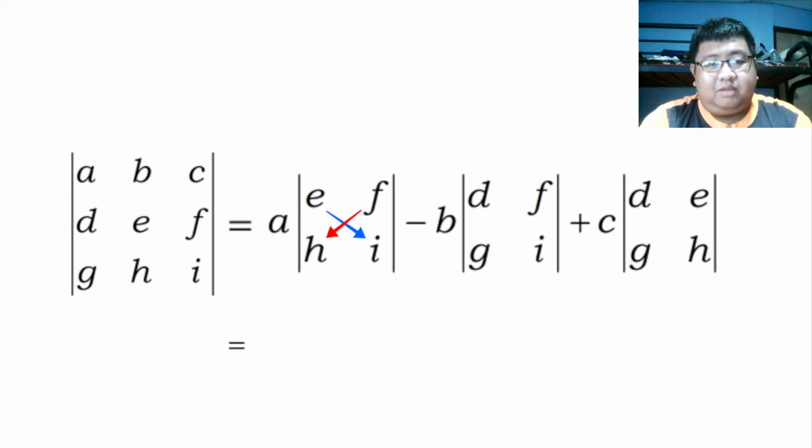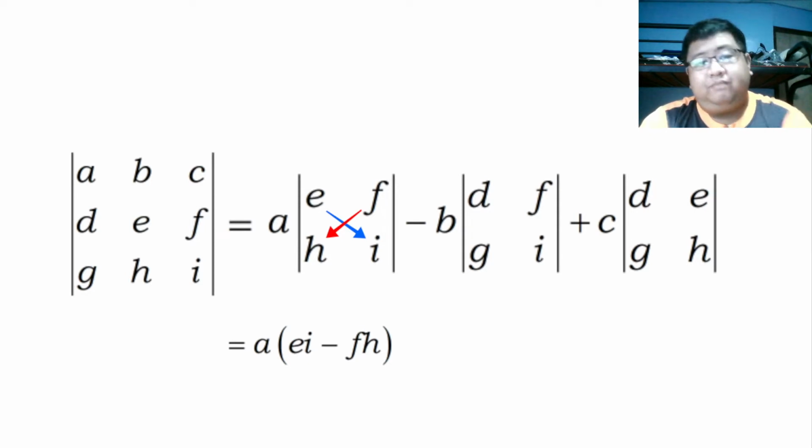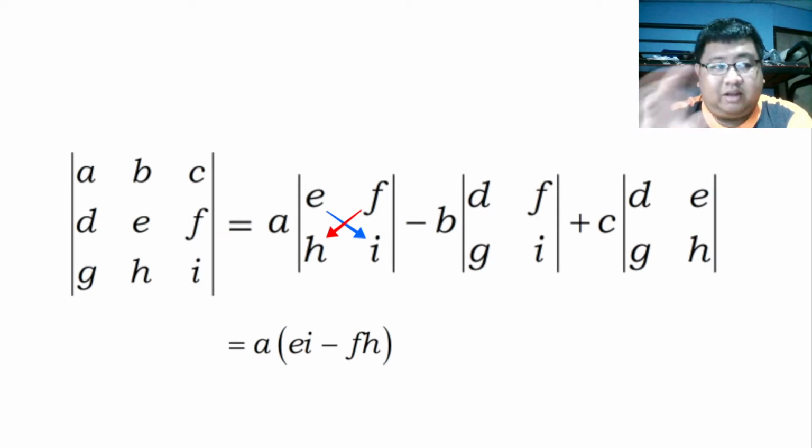So you see, E times I minus F times H will be your evaluation for the first 2 by 2 determinant. And remember, there is an A outside, so don't forget that. That entire product, that first term, is positive.